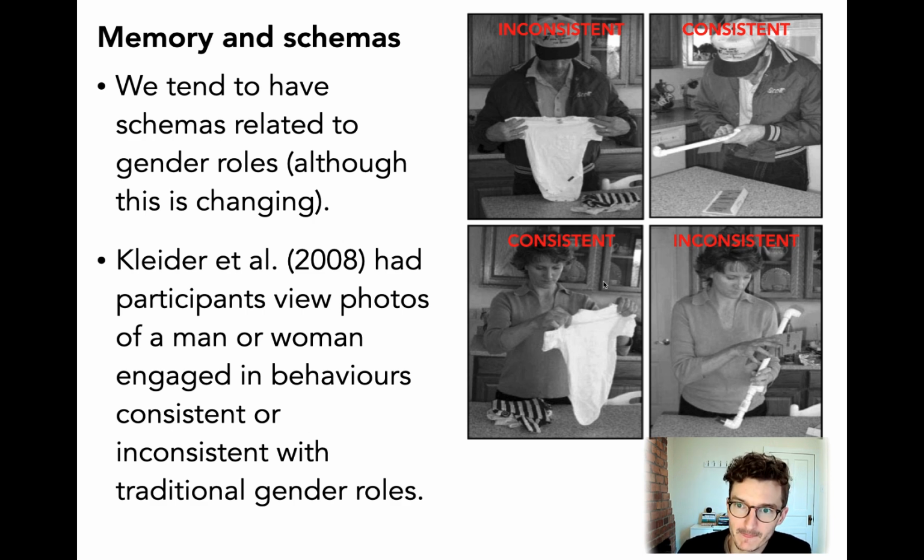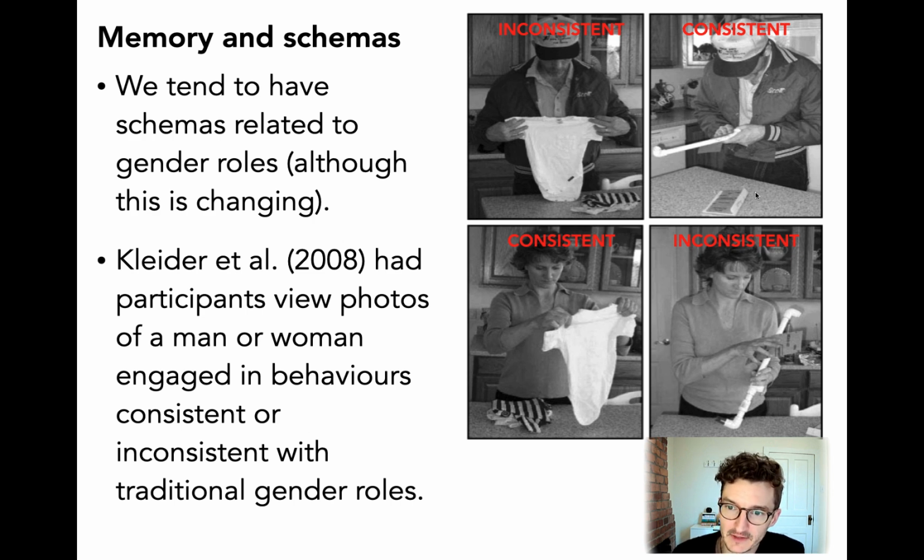So in this photo up here, we have a man folding clothes, which is inconsistent with the gender role that we typically assign to men. In this photo here, we have a man sanding a pipe, which is more consistent with a job or a task that we would associate with men.